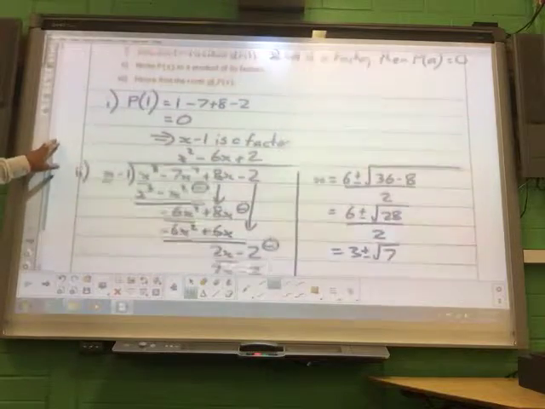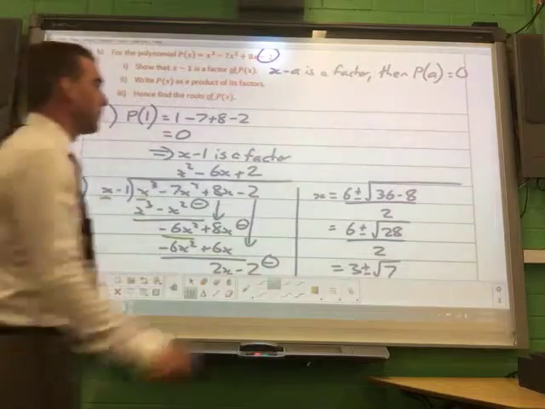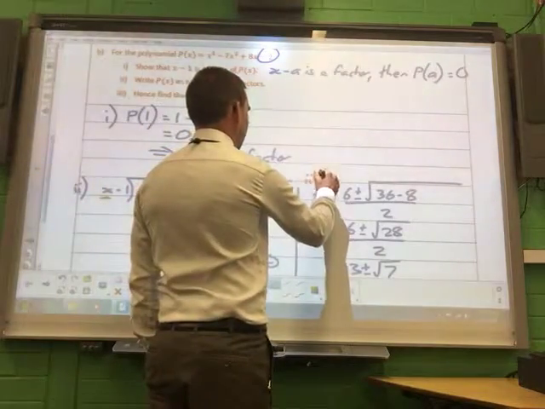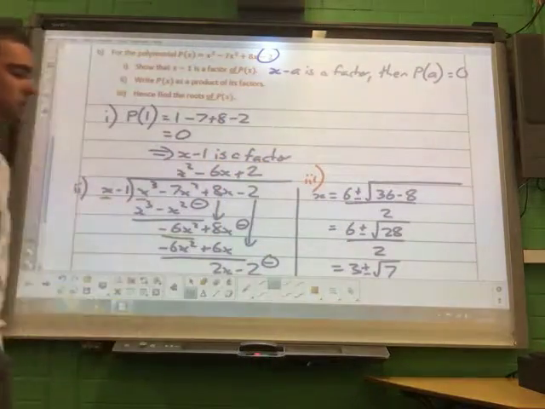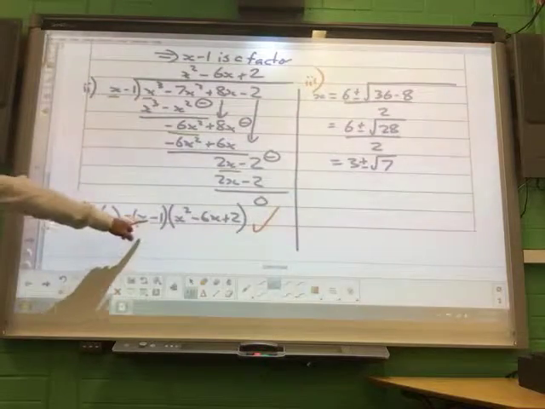So really what I've started to do is find the roots, which is that part there. The roots are not all in integer form. We've got 3 plus or minus root 7, which are irrational numbers because root 7 is an irrational number, and we also have the root out the front here.